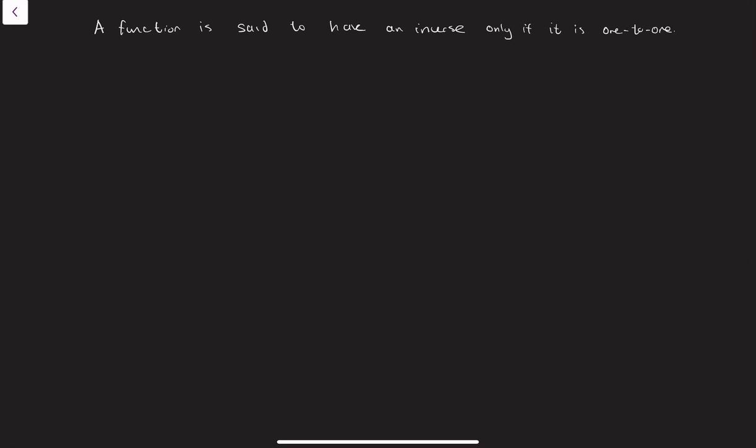So an inverse can be defined as follows: if we have y equals f of x, then we can say the inverse of f of x is equal to f of y. In other words, if we have some function y equals f of x, by interchanging x and y values, we can find the inverse of f of x.